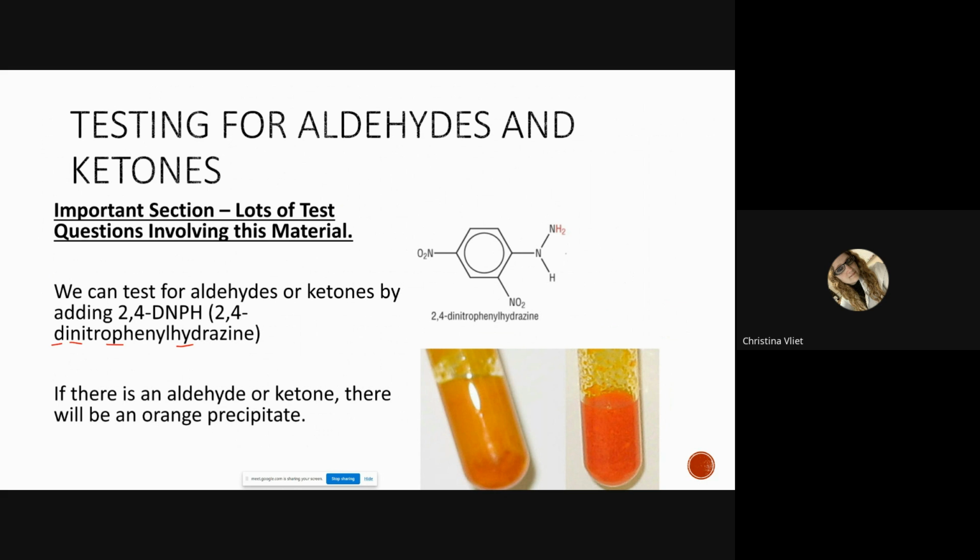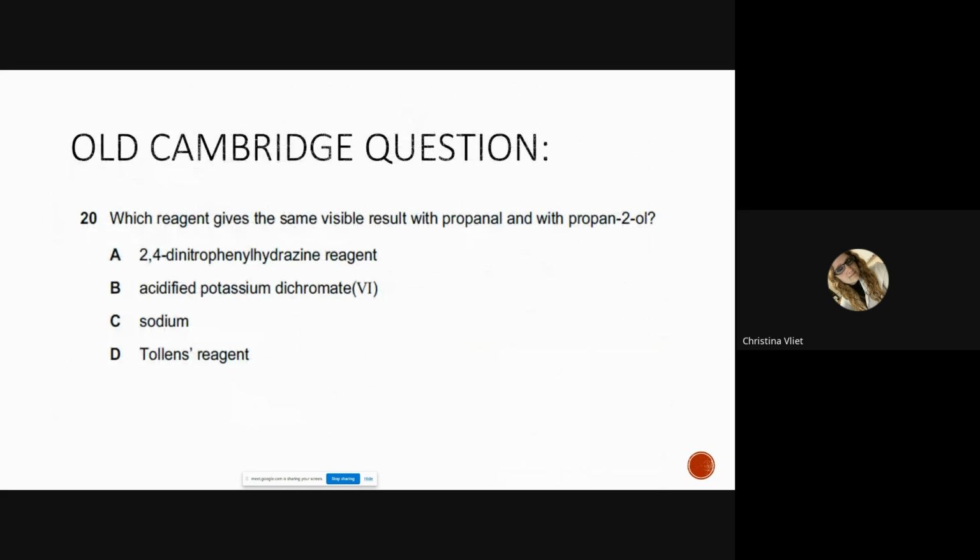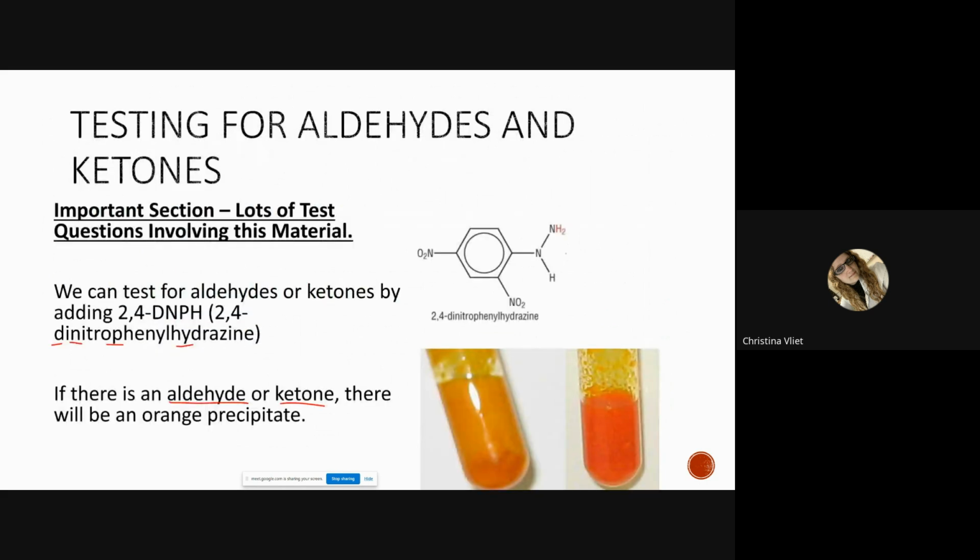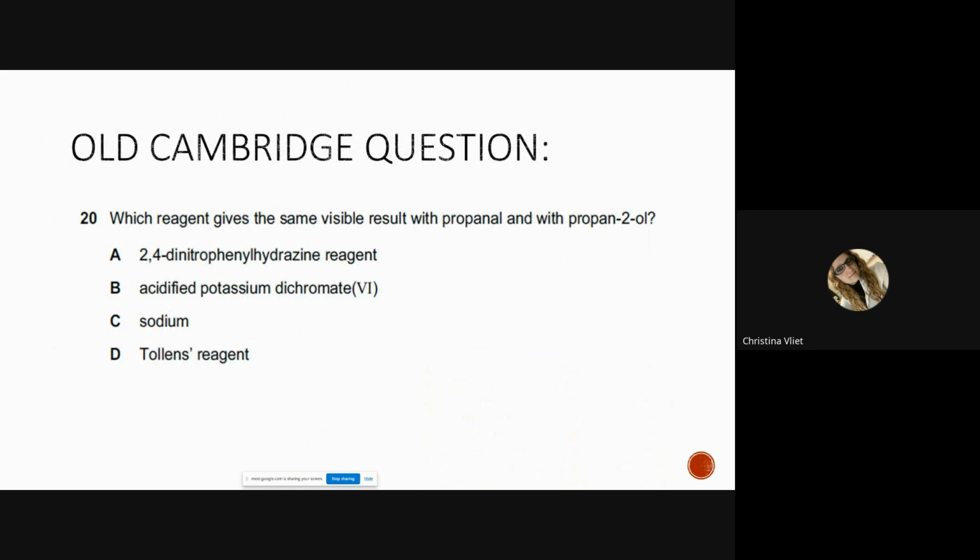And so if there's an aldehyde or a ketone, you'll get an orange precipitate. The thing is, how will you specify if it's an aldehyde or a ketone? They actually react differently. Some compounds have aldehydes, some compounds have ketones. And so, I don't have a question already. Literally, the answer has to be, let's check it out.